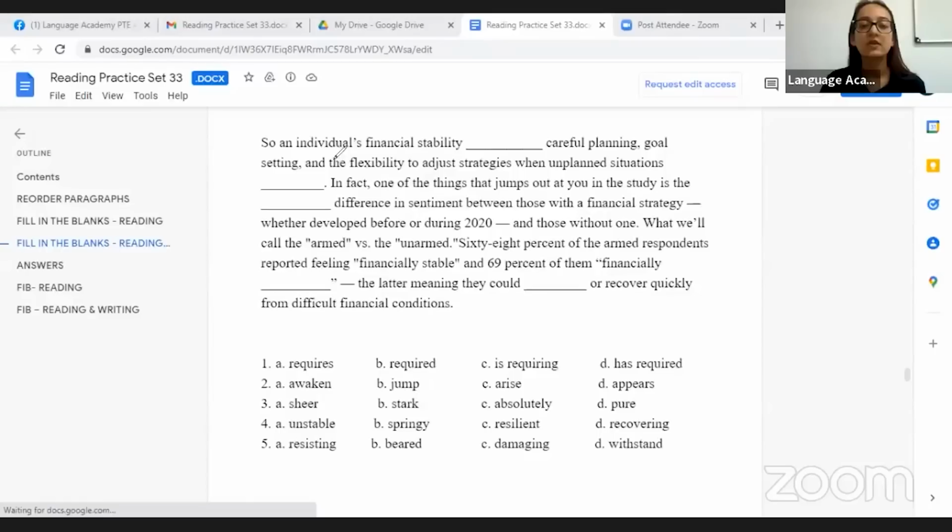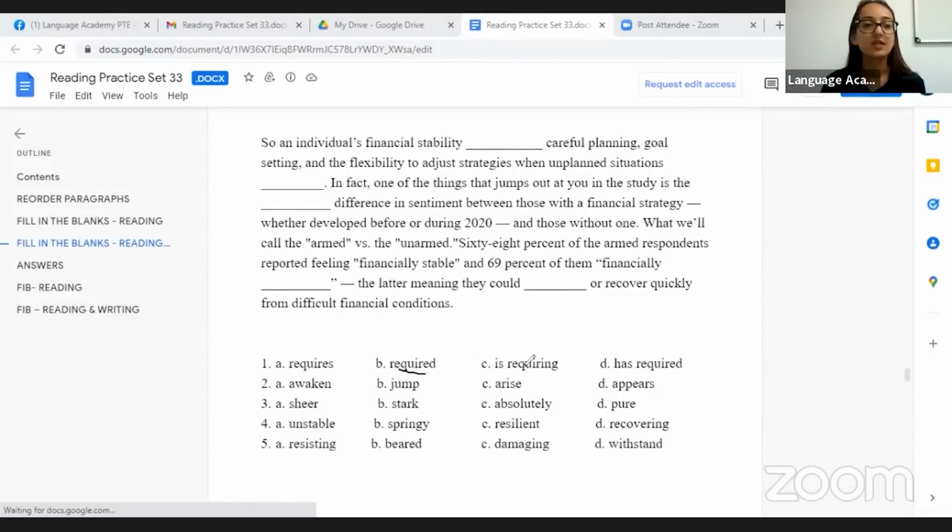They say: an individual's financial stability dash careful planning, goal setting, and the flexibility to adjust strategies. An individual's financial stability requires careful planning. It is now requires, not now required. It was required in the past. So if you're putting required, it means this is a past situation.